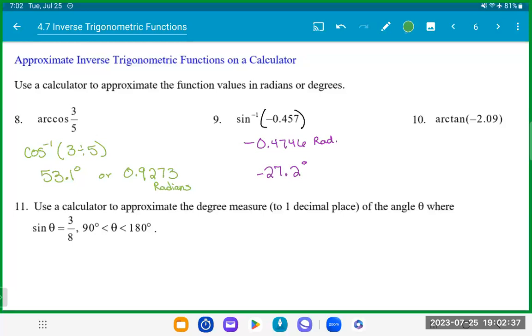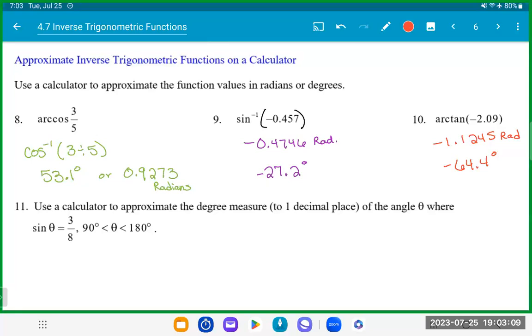What about the arc tangent of negative 2.09? Negative 1.1245 radians, and for the degrees, negative 64.4. All right, perfect.